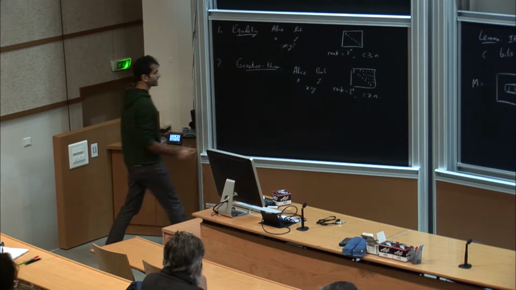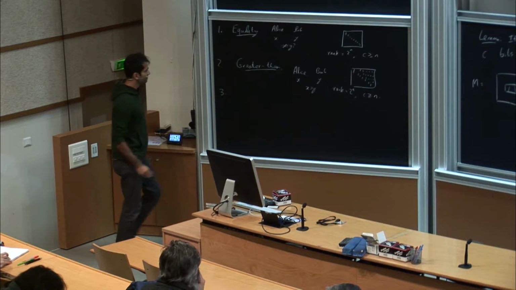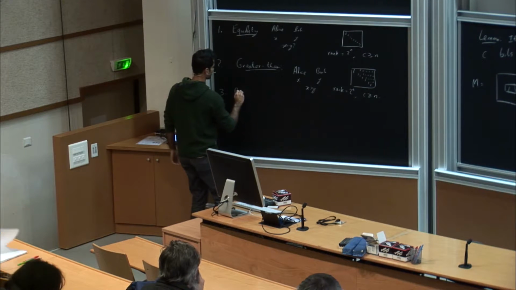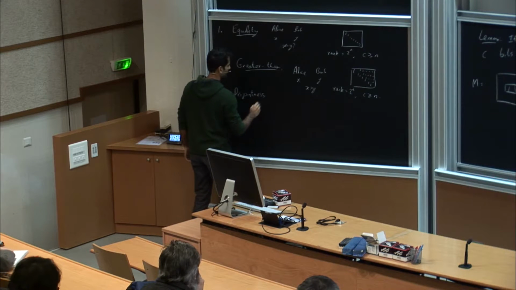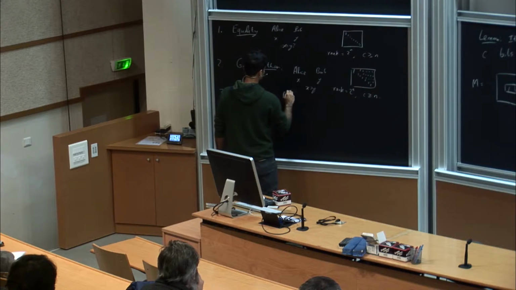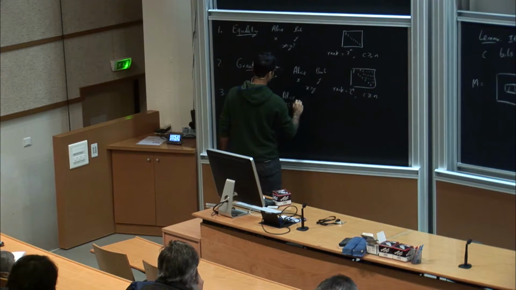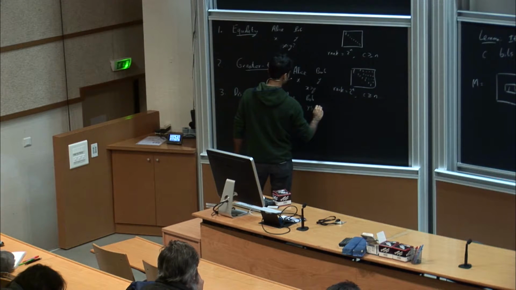A slightly more interesting example is a function we talked about last time, the disjointness function. Here, Alice is given a subset X of 1 through n, and Bob is given a subset Y of 1 through n.